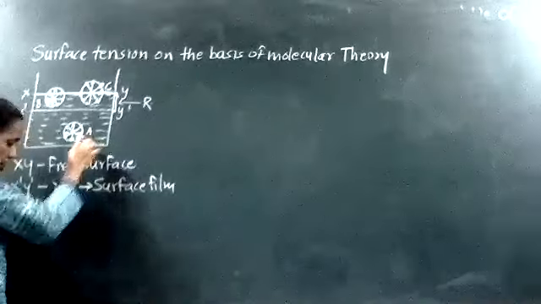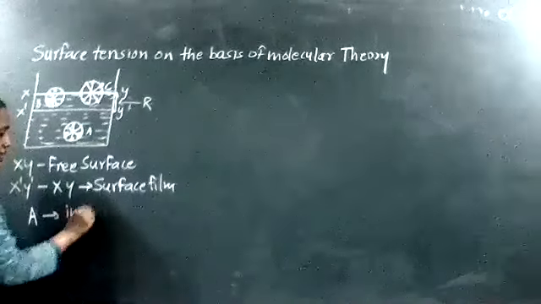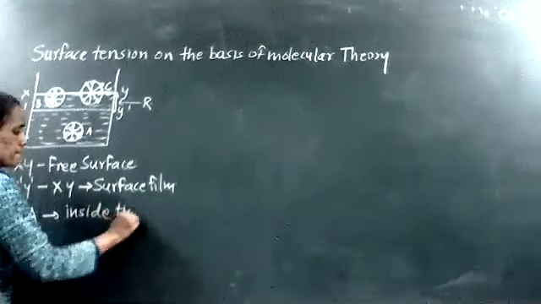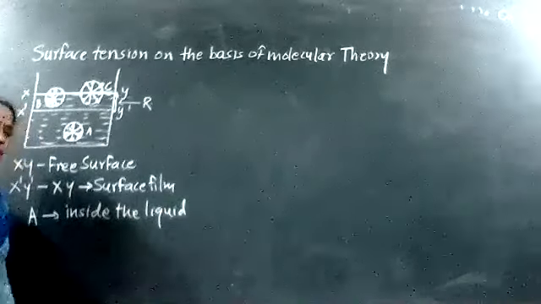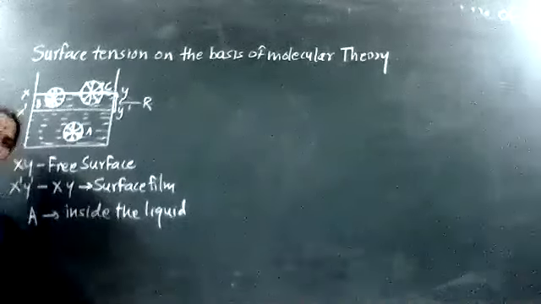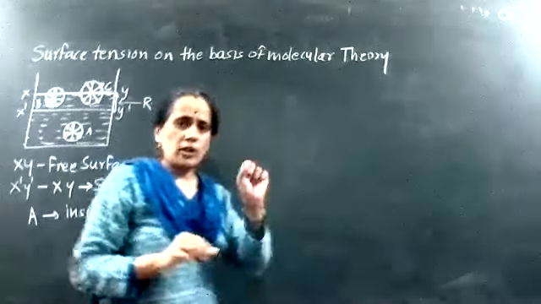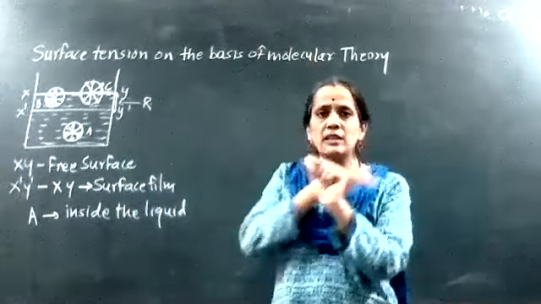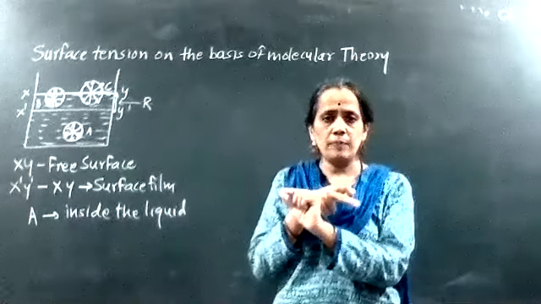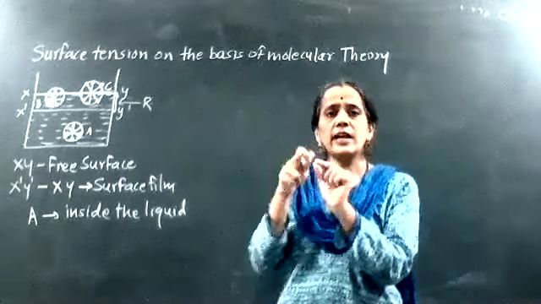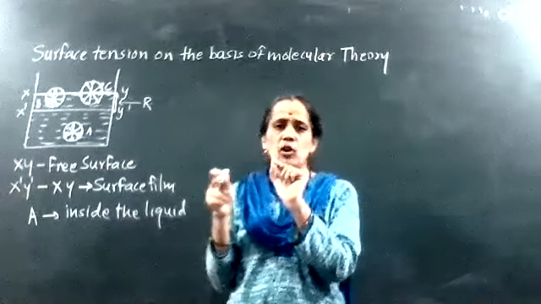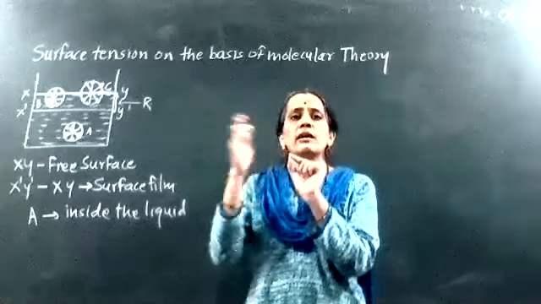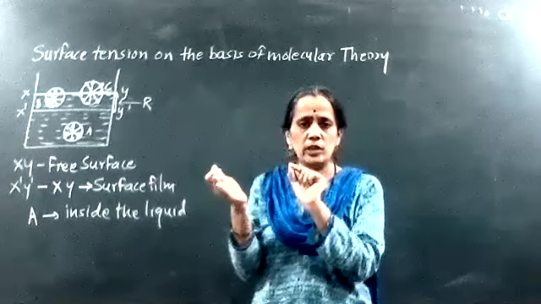Now, this is your A molecule. This A molecule is completely inside the liquid. As it is completely inside the liquid, it will be surrounded by water molecules only. Therefore, there is a force of attraction between A, a liquid molecule, and the adjacent liquid molecules.